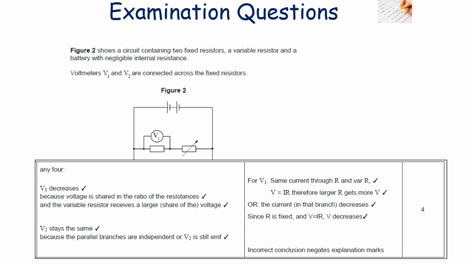If the resistance of the variable resistor increases, that will increase the potential difference it takes, because V equals IR. I stays constant, so if R goes up, V goes up. Because it splits between the two, if V goes up for the variable resistor, therefore it's going to go down for the resistor, because they've got to share them out.